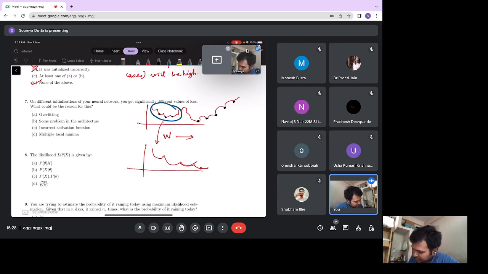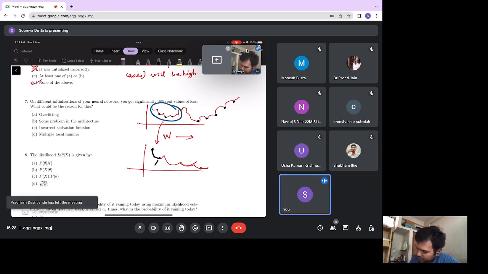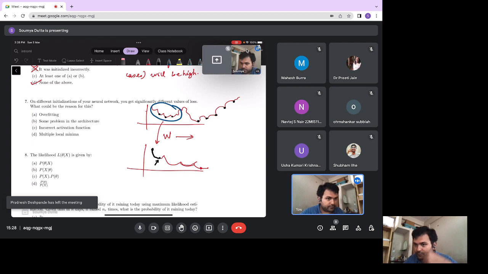Now suppose you start from here and your gradient descent, with a very small step size, goes here, then this is the point that you would end up in. Once you have reached this particular point, it would be very difficult for you to move out of this, and therefore this is one value where you can settle.